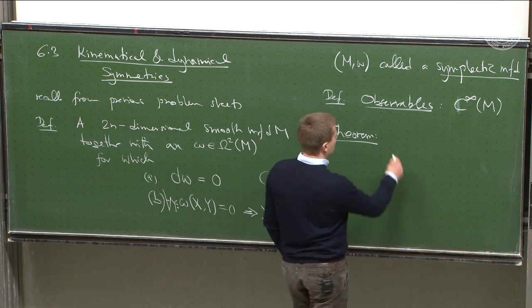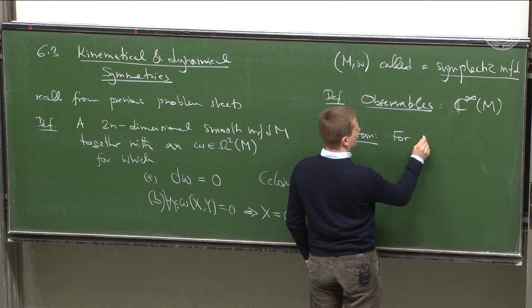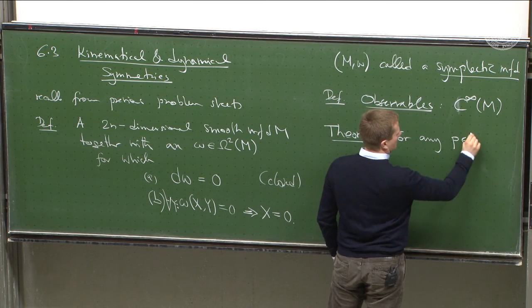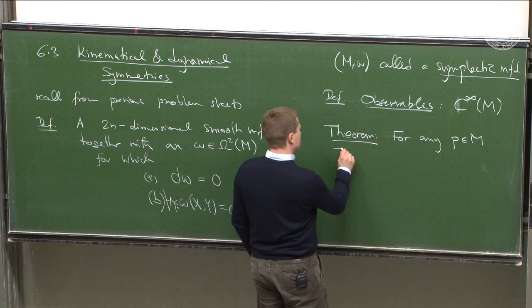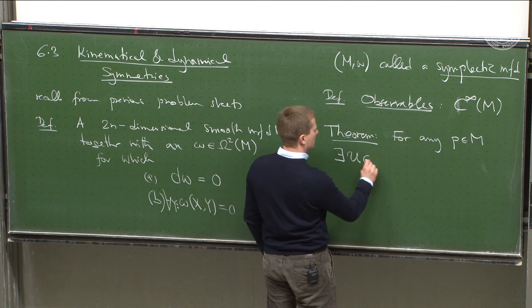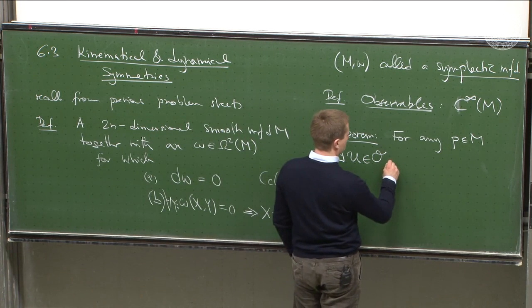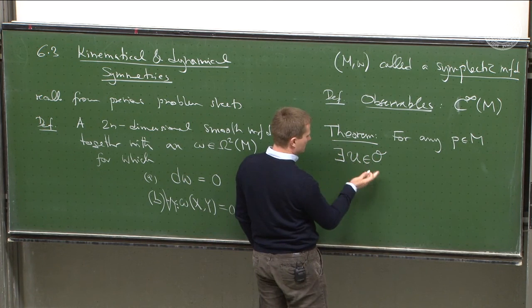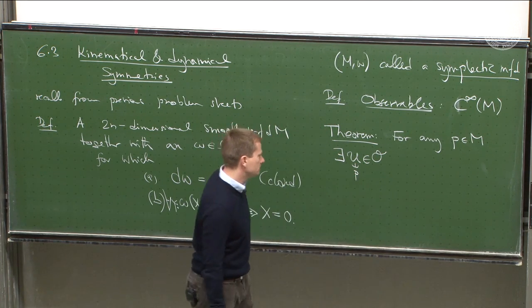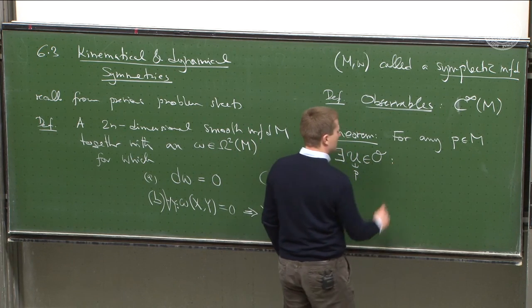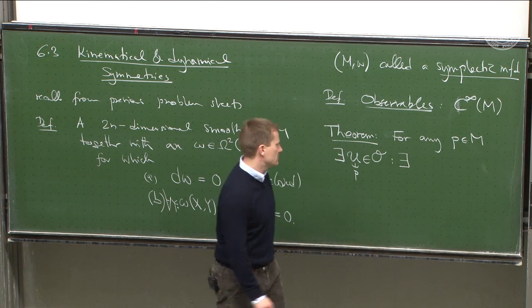So theorem: for any point P of this symplectic manifold M, there exists an open set U containing P, so it's not the empty set, containing the point in question, such that there also exist coordinates.